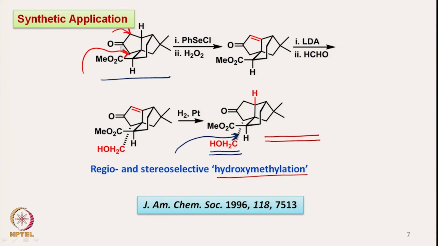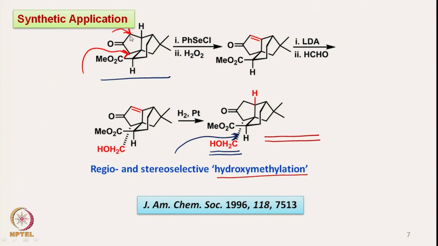Now, if one looks at it, this carbon atom here is sterically more hindered because of this group or this ring here, and therefore anything that one has to do will occur here.